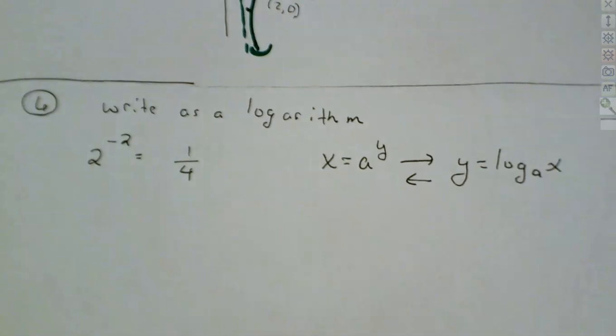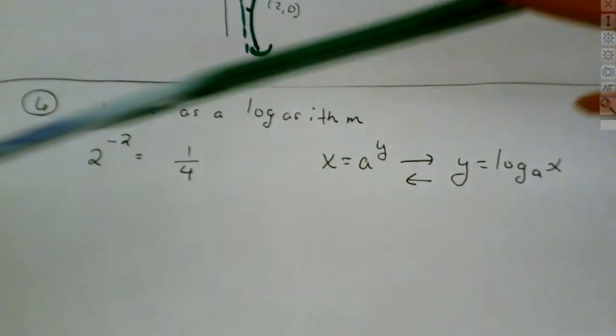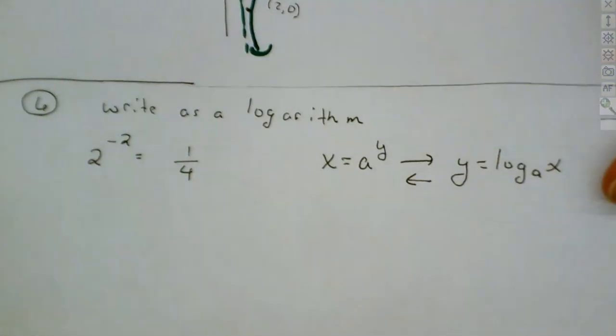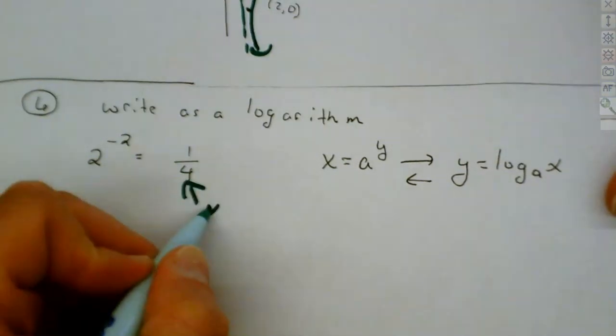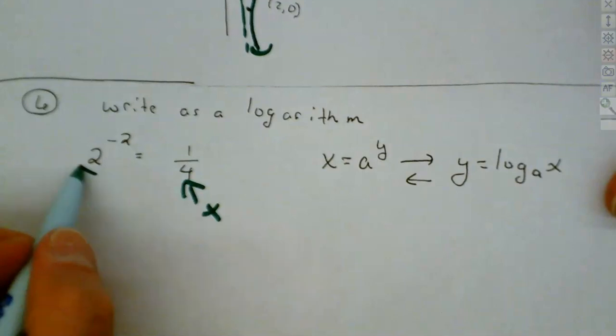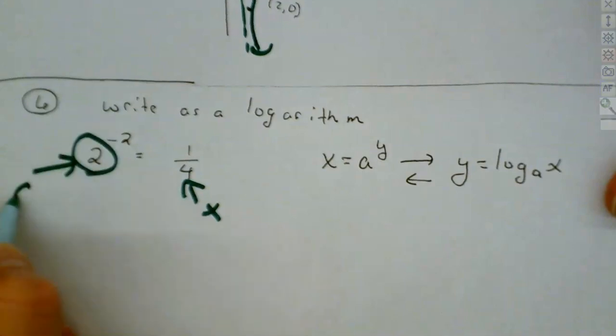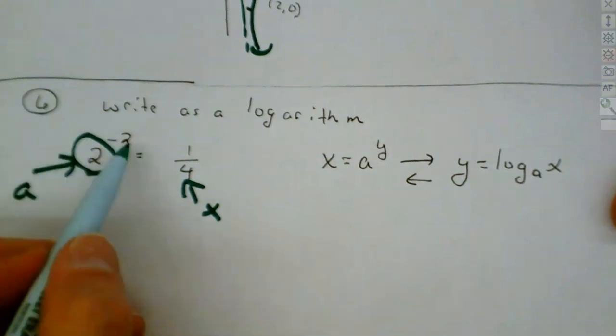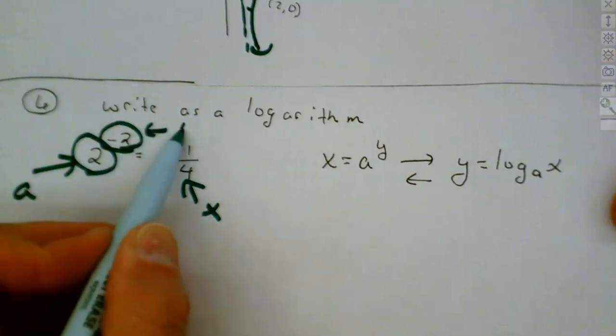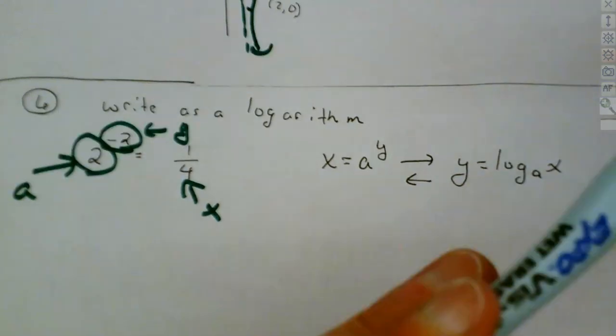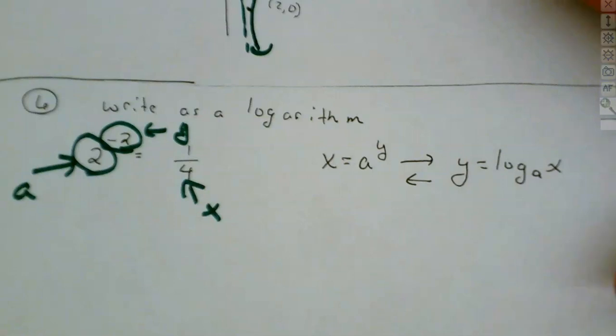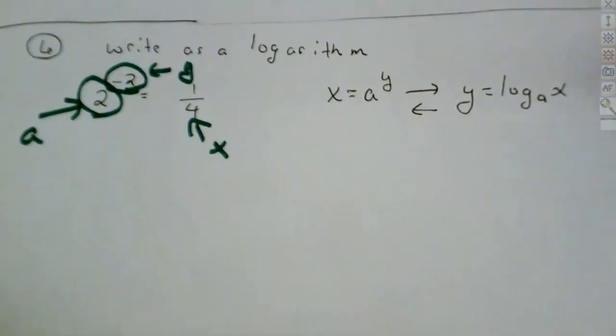So when I convert this, what does this convert into? Let's label our components. This 1/4, that is your x. This 2 here, that is your a. And this negative 2, well, that is your y. So when we rewrite this, what do we now have?